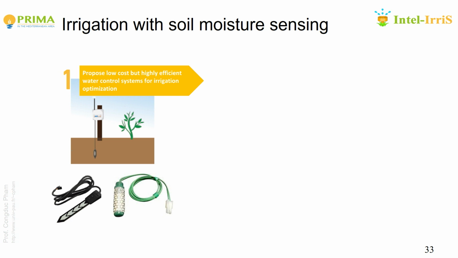But the problem is when you're using low-cost soil moisture sensors, then the accuracy of the measure is not that good, okay, compared to the high-end sensors. There's a reason why high-end sensors cost hundreds or thousands of euros, of course.